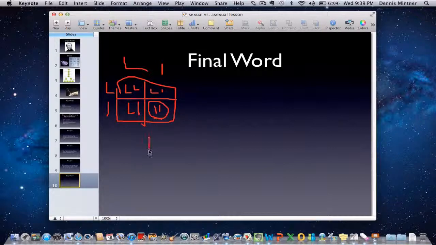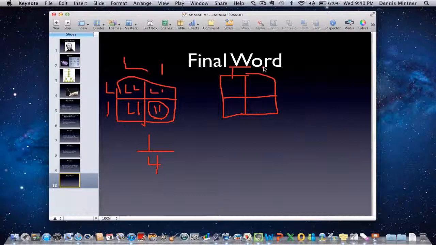That is 1 out of 4, or 25%. Now, if I want to look at another trait like big T, little t, there's also a 1 out of 4 chance that the little t shows up.